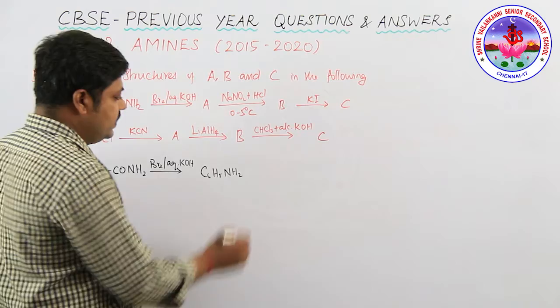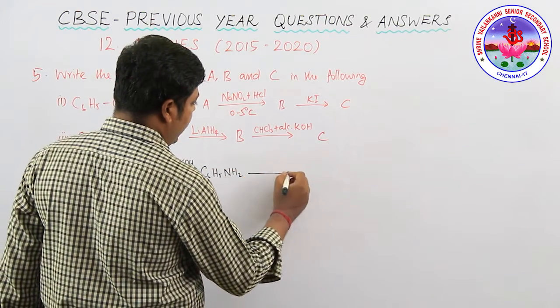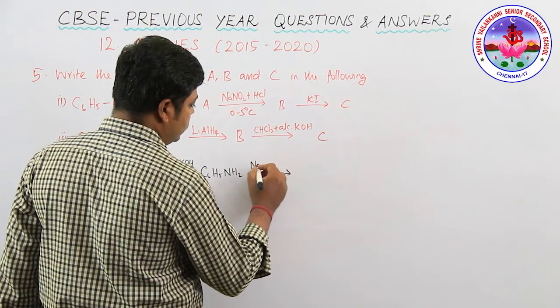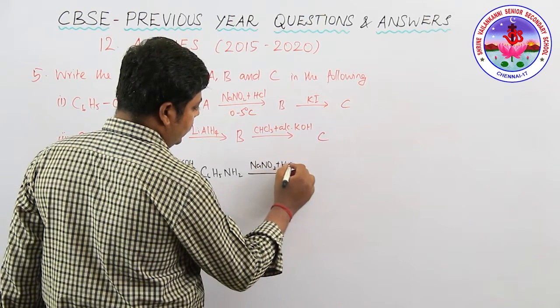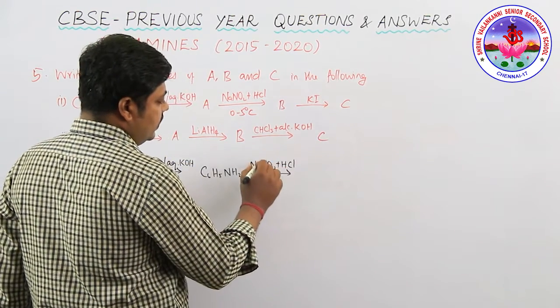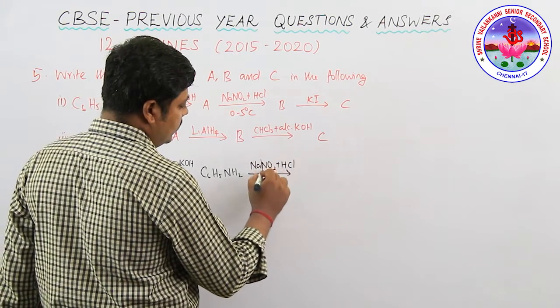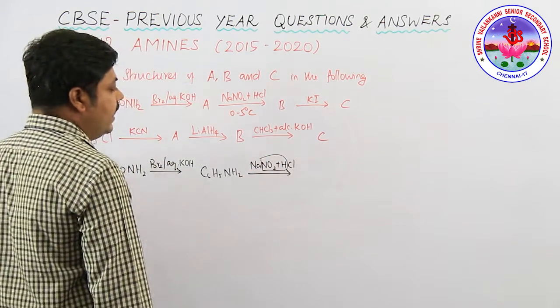Then this C6H5NH2 reacts with sodium nitrite and HCl. Here nitrous acid, HNO2, is needed.